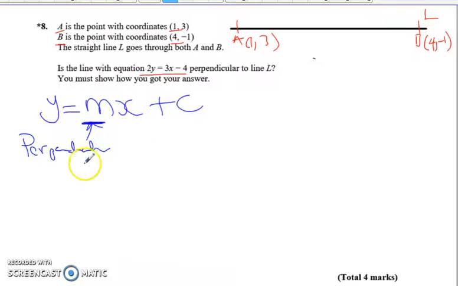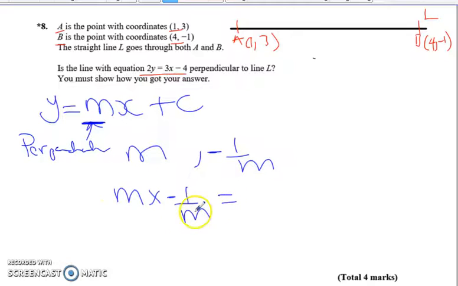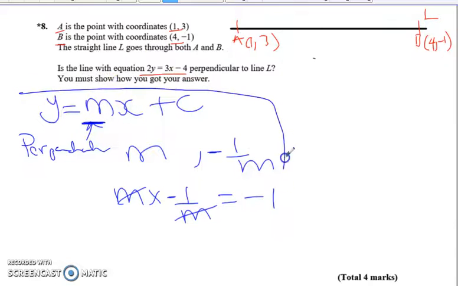If we have one line with gradient m, another line perpendicular to it would have to have the gradient of -1 over m. In other words, the product of both gradients should give us -1.